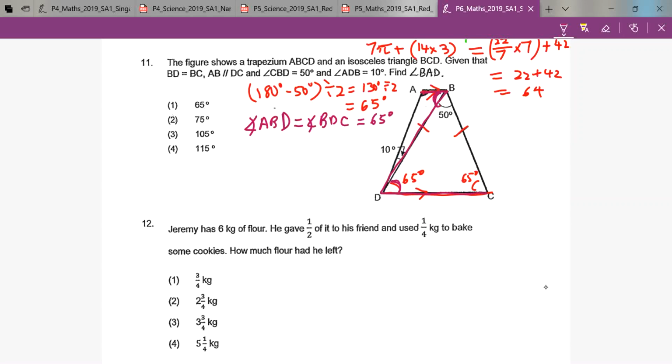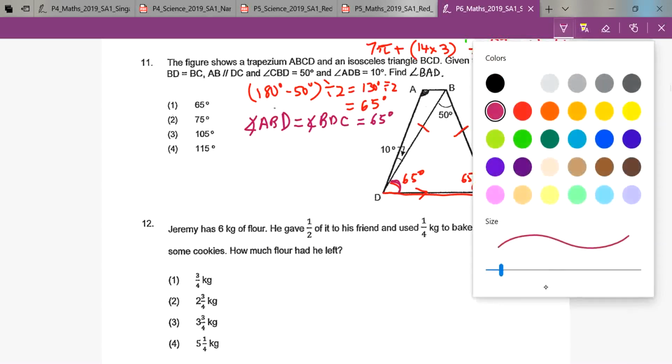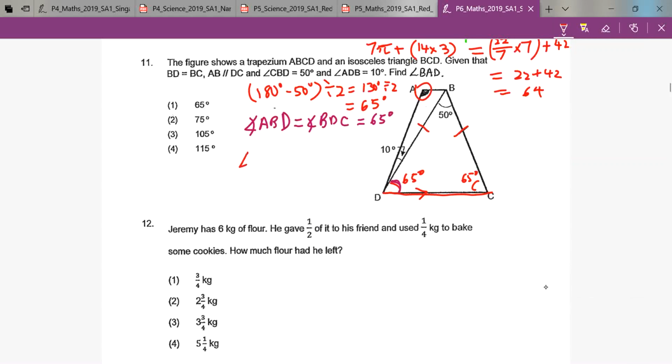And now with this, you will be able to find this angle right here. So angle BAD equals 180, which is the angle sum of a triangle, minus 10 minus 65. It's going to be 180 minus 75. Basically you're going to get 105. Option 3.